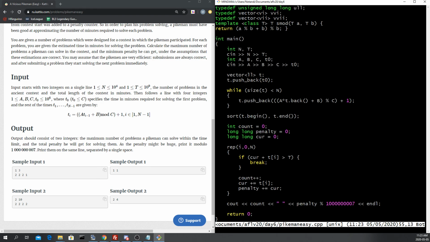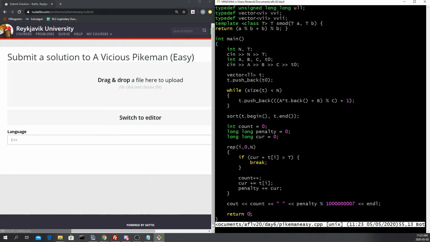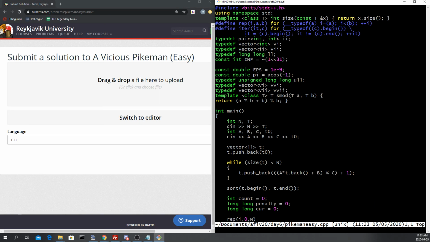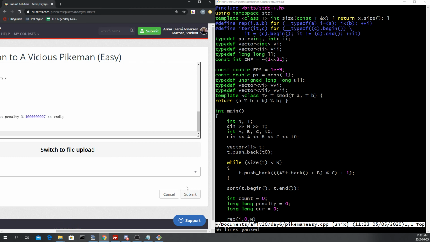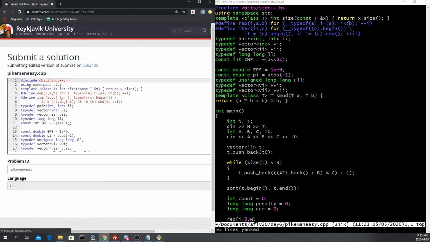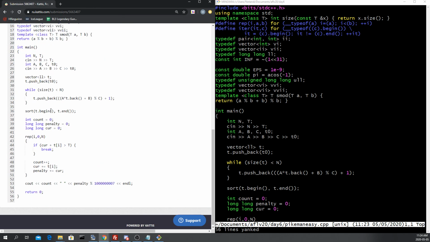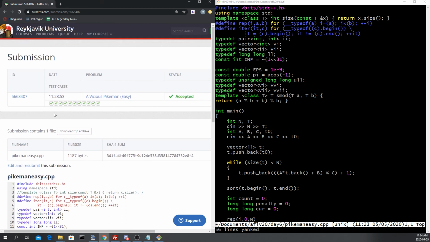Okay, samples are correct. The compiler thing. You'd think after 100 plus times I'd remember it. Okay, so we got accepted for this.